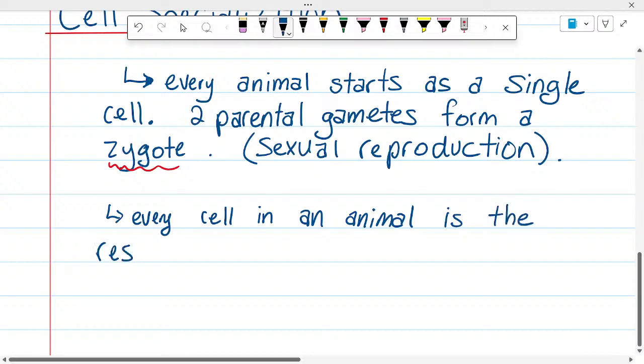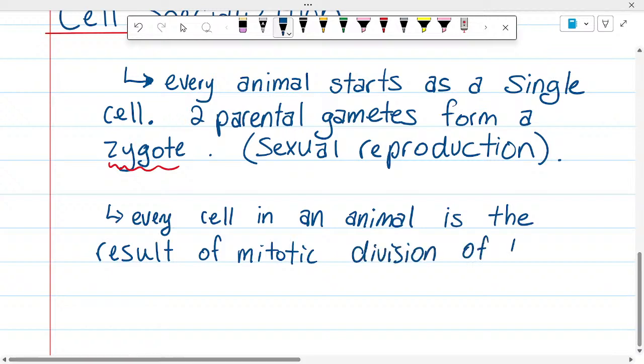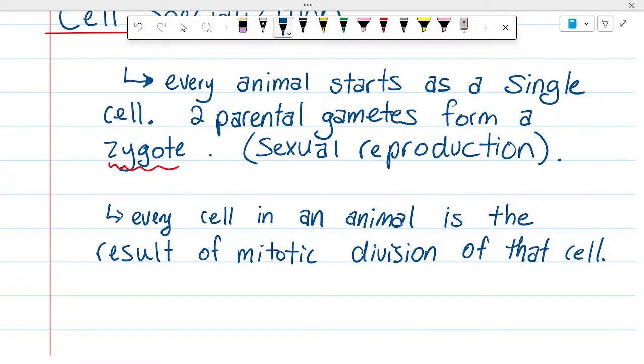Of course, when I say the word mitotic, what does that mean? Yeah, undergoing mitosis. So mitotic division. So you started out as a single cell, and then that cell will have undergone mitosis and become two cells.